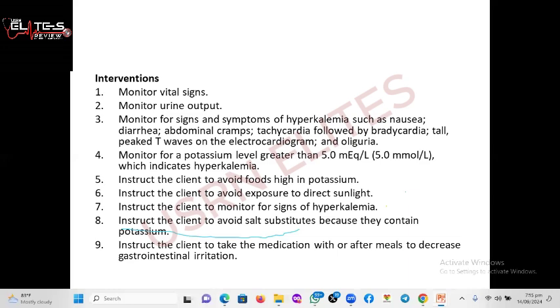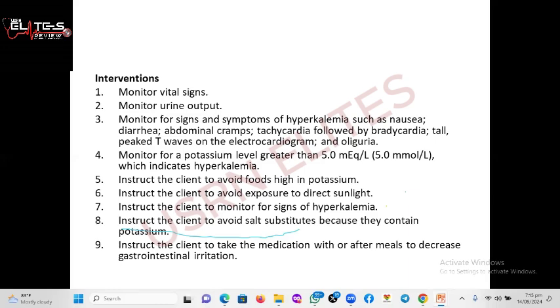So when you are reading and you come across a top peak T wave, or they are asking about someone with hyperkalemia or someone on a potassium sparing diuretic with a certain potassium level, what do you expect? You know that you're going to get a top peak T wave.